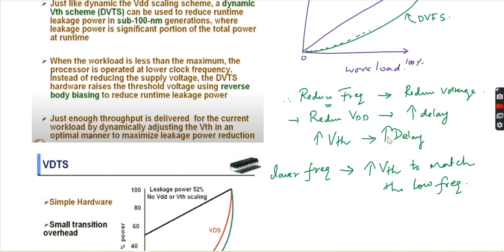So from this we can make a derivation: reducing the frequency, then increasing the threshold voltage, then the circuit will assist.